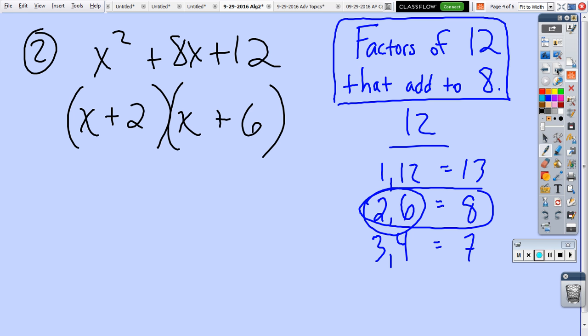If this were negative, then I'm going to list negative factors: negative 1, negative 12, negative 2, negative 6, negative 3, negative 4, because they have to add to a negative value, but their product would still have to be positive. If you're not getting what I'm saying right now, just list all the factors. There's only going to be one pair that multiplies to this but adds to the B coefficient.